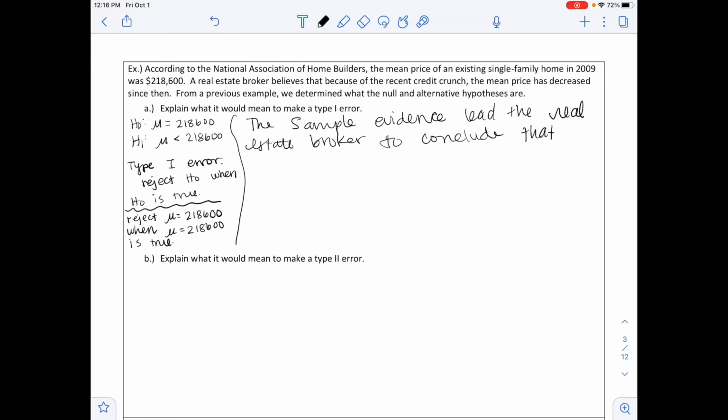So he rejected H naught, and so that means that since he rejected this, he is going with H1. So he had enough evidence to show that the mean price has decreased.